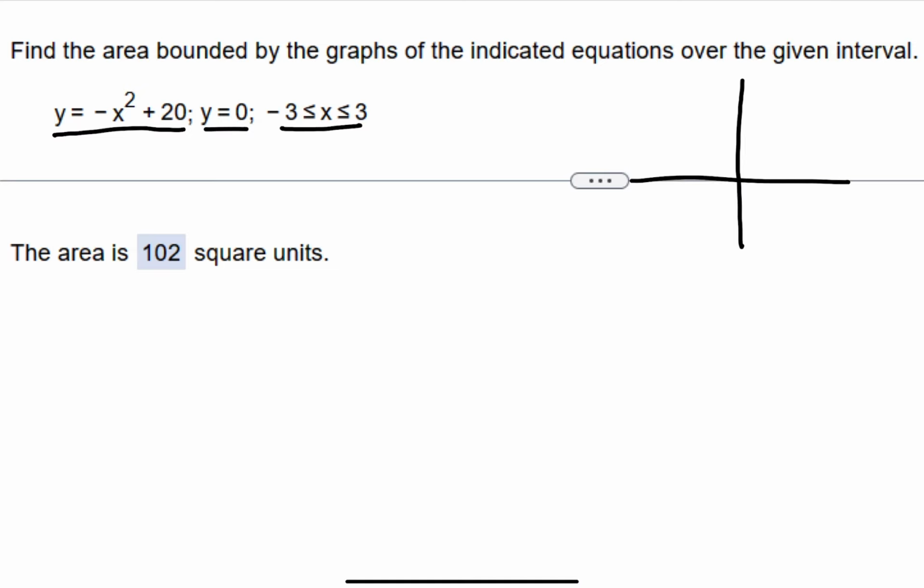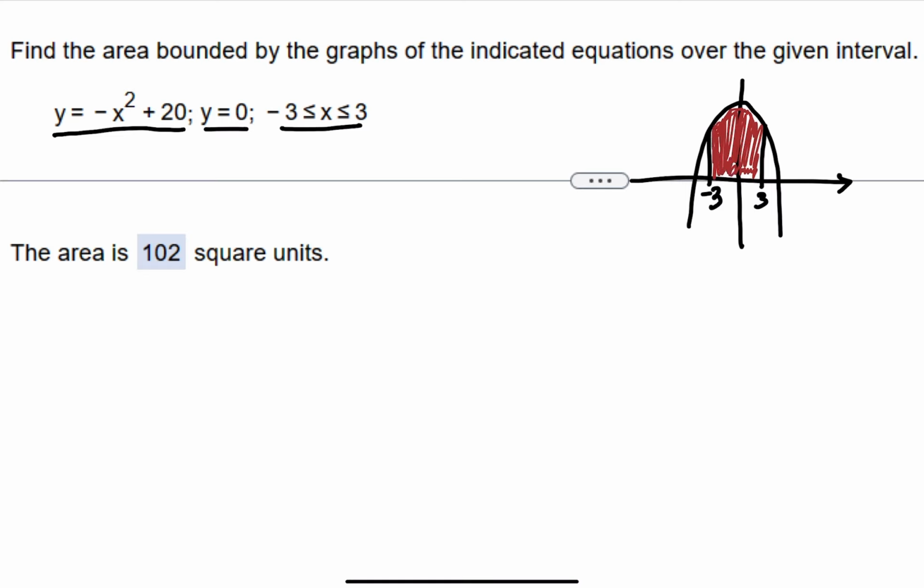This is -x² plus 20, and y is equal to 0 is my x-axis. And I'm trying to find the area between -3 and +3. So the area that I'm trying to find is this part.